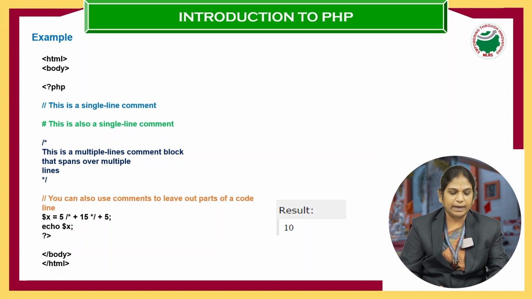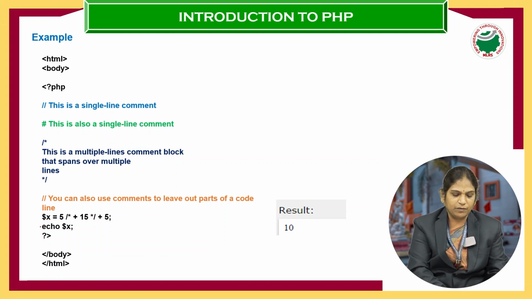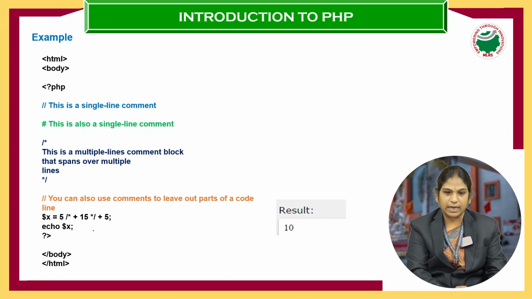And for multiple lines, /* write the text */. For example, here we have $x = 5 + /* 15 */ + 5. Then echo $x and close the PHP code, the body, and the HTML.